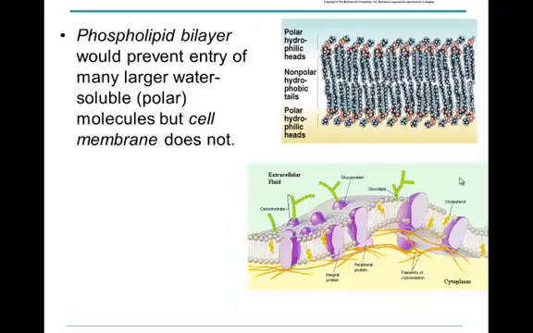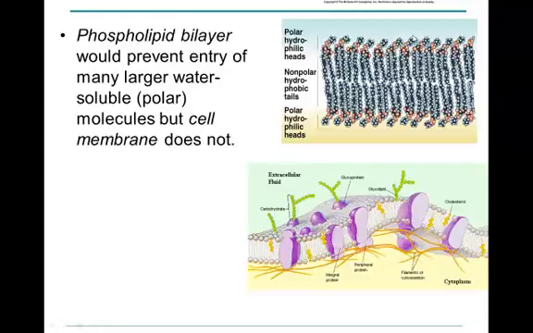Now, if we look at how a phospholipid bilayer might function, this depiction in the top right corner of this slide shows just phospholipids. It shows the hydrophilic heads outward and the hydrophobic tails inward away from the water. If we had a large water-soluble molecule that had polar covalent bonds, it might be attracted to the heads, but then it couldn't go further because it would be repelled by the hydrophobic tails.